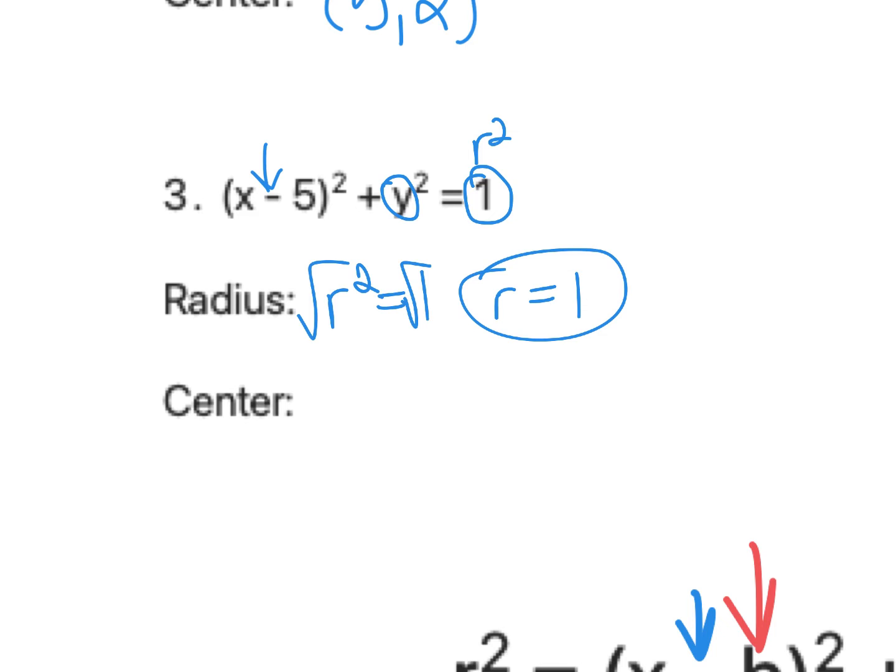Another way to think about that is we could write it as y minus 0 squared. So y squared, and whether you add 0 or subtract 0, it doesn't really matter. It's still going to be y squared, but that gives us a value for our h and our k. We've got a subtraction sign here already, so since it's subtraction, our center is going to be positive 5. And then there is nothing added or subtracted on here, so it would be 0.